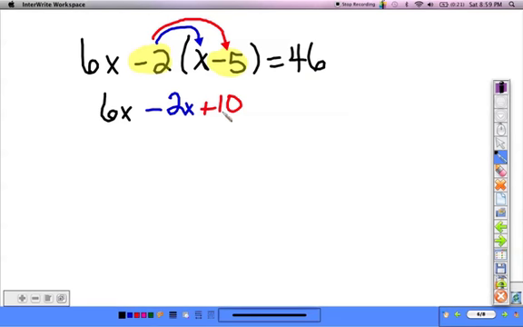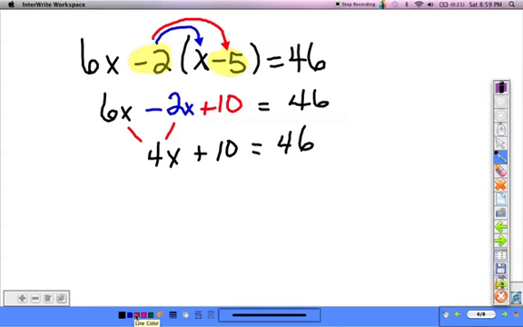That's the most common place students make mistakes. So watch for that. Now I have like terms on the left side of my equation, see? These both have x's. So I have 6 positive x's, 2 negative ones. 6 minus 2 gives me 4x.